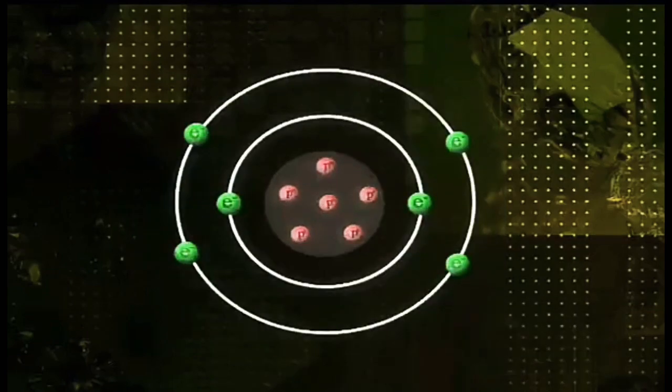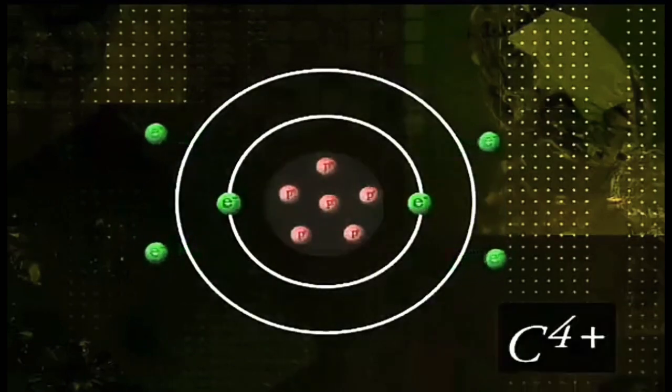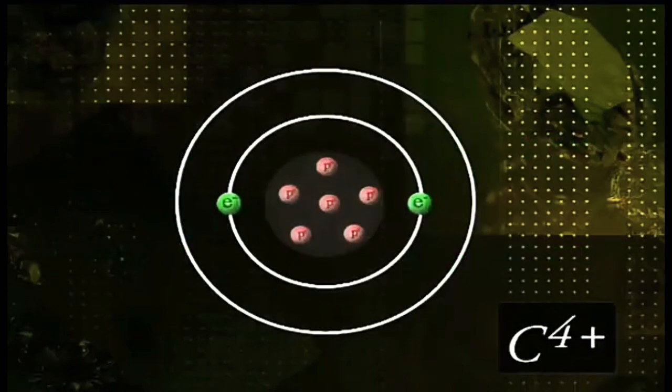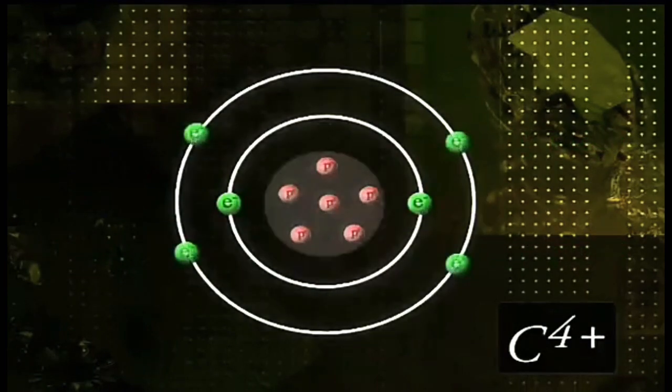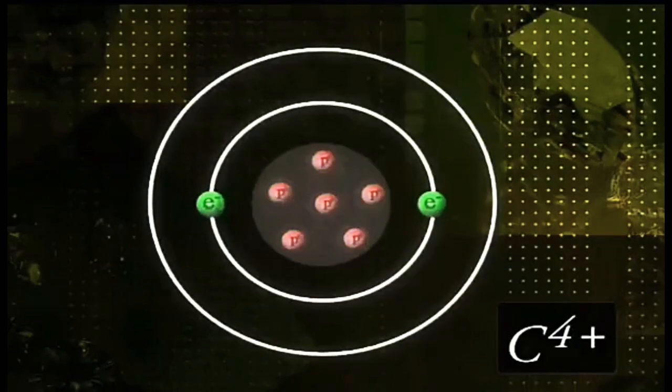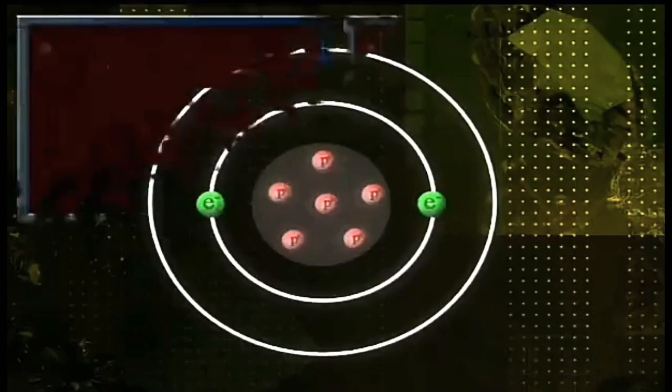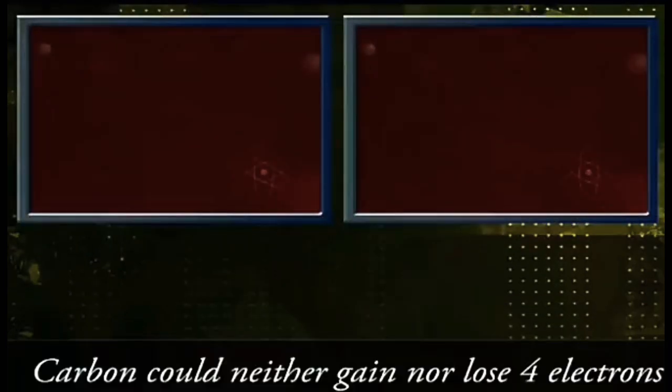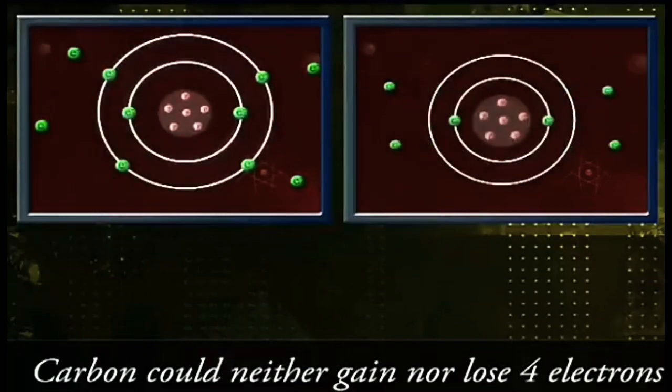Or it could lose 4 electrons forming C4+. But it would require a huge amount of energy to remove the electrons, leaving behind a carbon with 6 protons in its nucleus holding on to just 2 electrons. So carbon could neither gain nor lose 4 electrons.